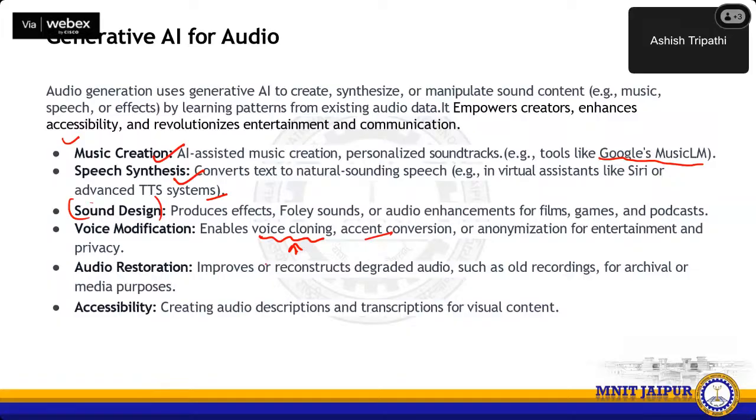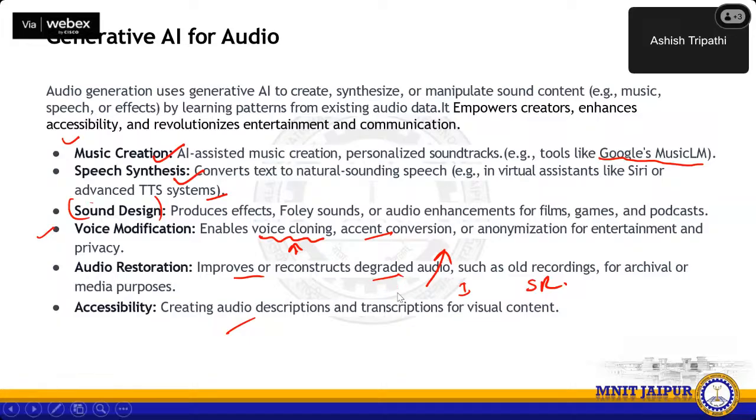There are a lot of generative models which are basically used for voice modification and voice generation. Audio restoration and accessibility: in a similar way to how we enhanced images using SRGAN, we can also enhance voice that has been degraded.